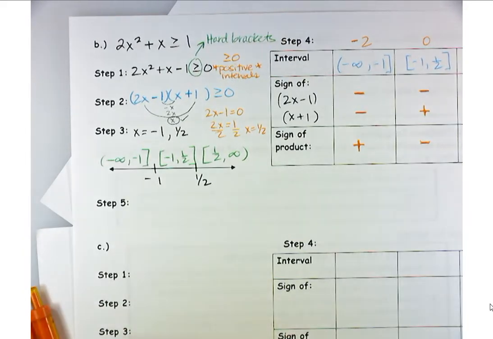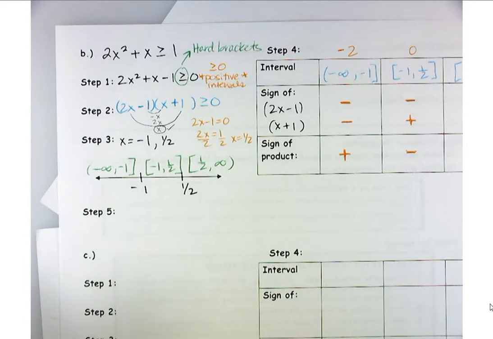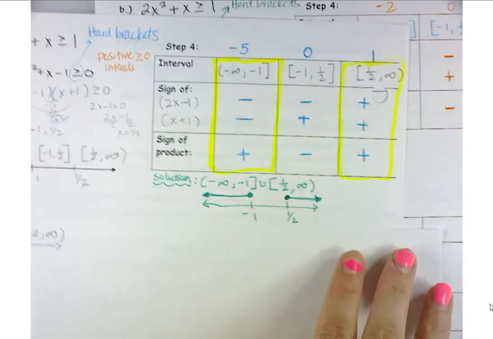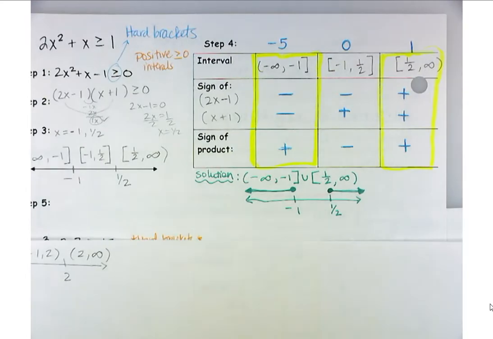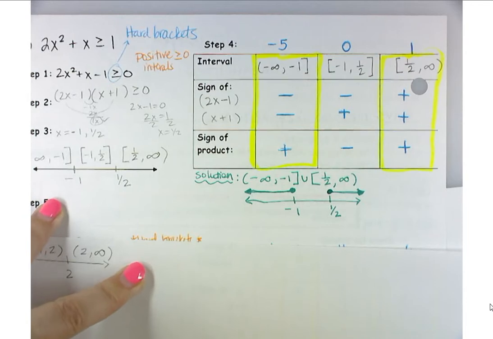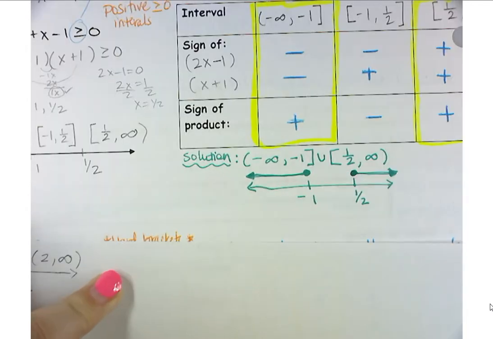Okay, so what we will do is we will just highlight both of those. And then we're going to go ahead and write out our solution. So I have 2 intervals, so I'm going to connect those with a union, -infinity to -1, union 1 to infinity.